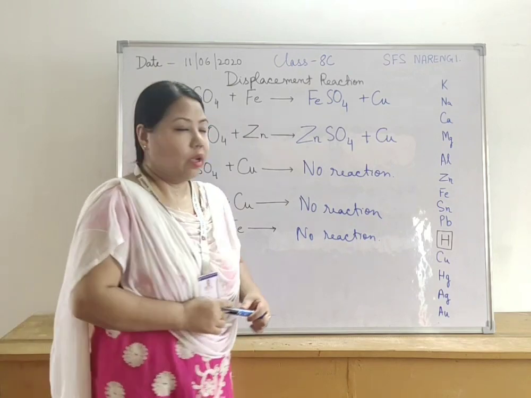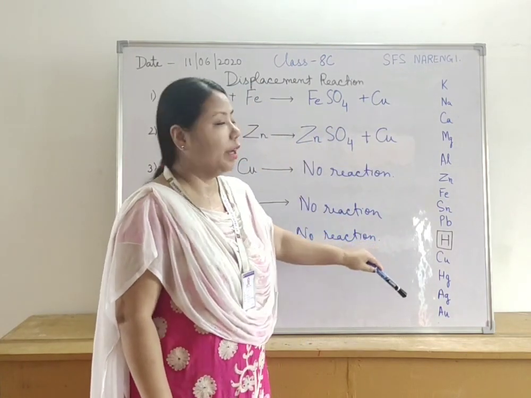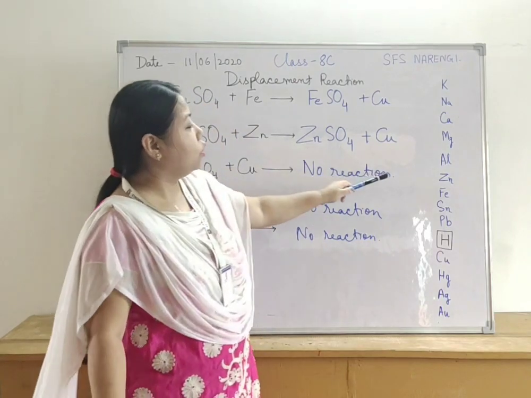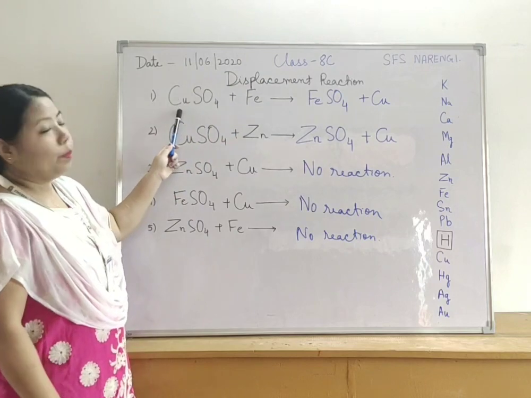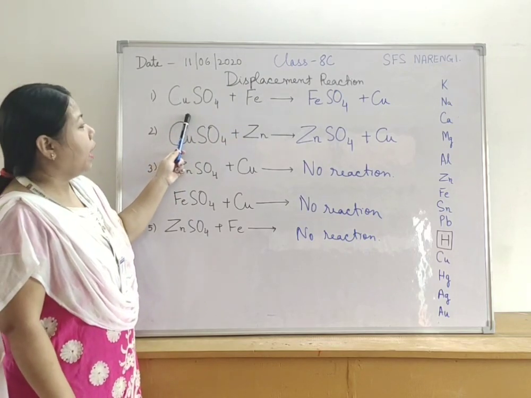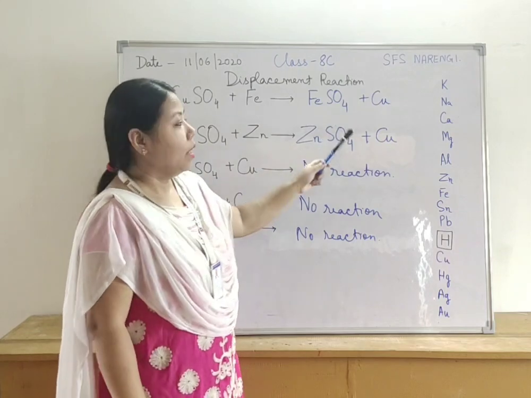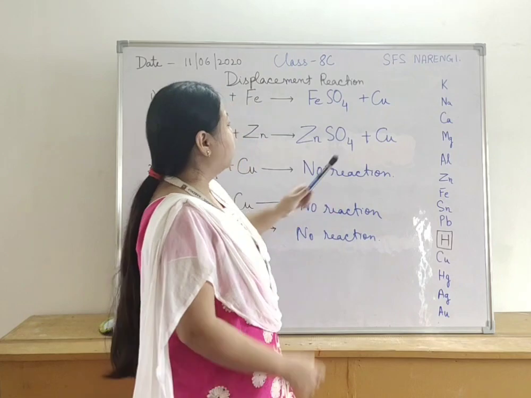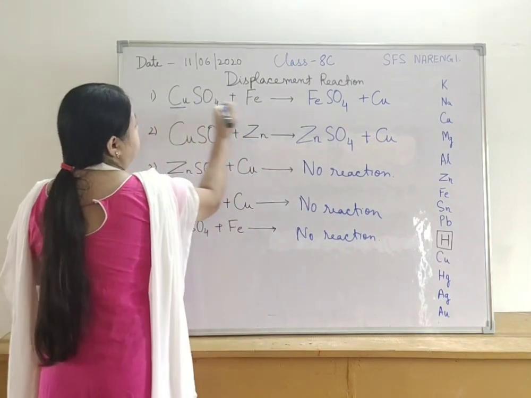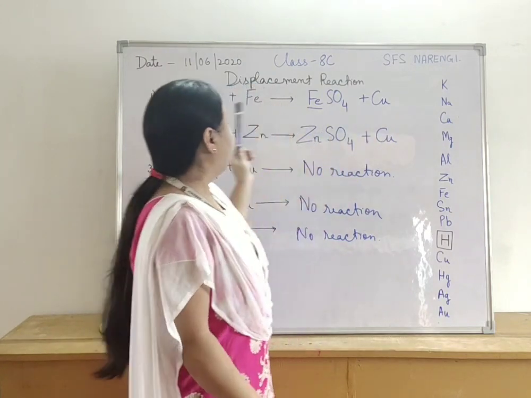Let us understand. Look at the reactivity series of metals. Here you see that iron has replaced copper and it forms iron sulfate. Now look at the reactivity series and find the position of copper and iron.